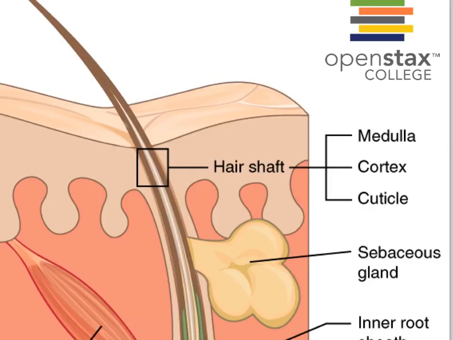The inner core of a hair follicle, this white layer right here, the inner white layer, we'll refer to as the medulla. And we're going to see this term in anatomy over and over and over again. The medulla always refers to the very inner core of an organ. The medulla of the spleen, the medulla of a lymph node.